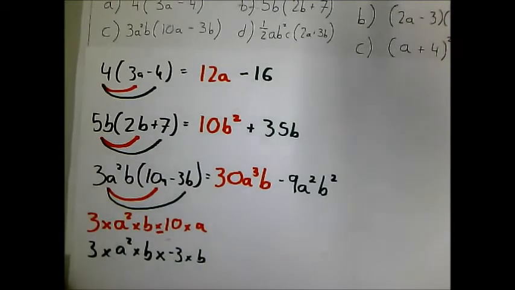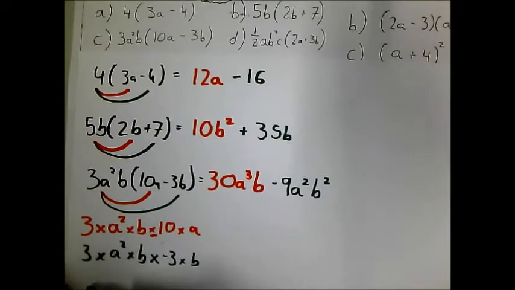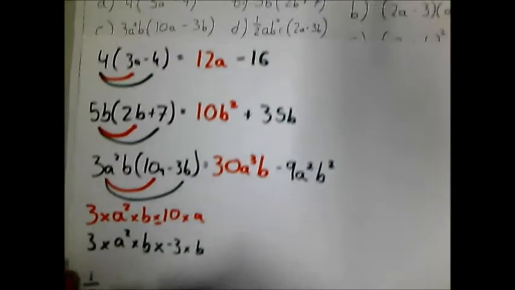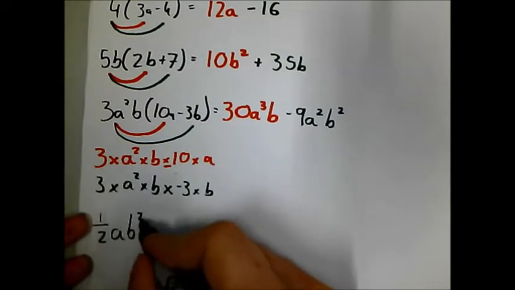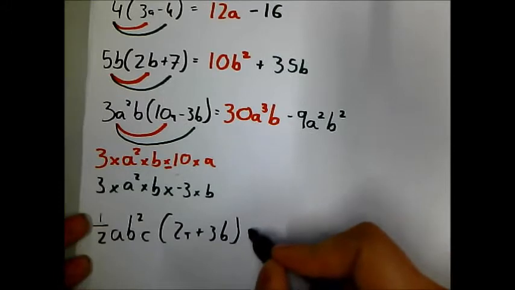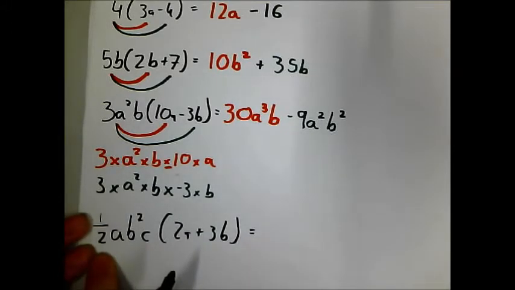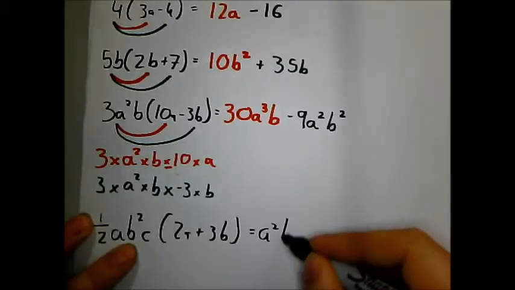Last two for the single brackets. I'm going to do this one a little bit quicker this time. So half a b squared c, lots of 2a plus 3b. Half a b squared c, lots of 2a, well half of 2 is 1. A times a is a squared, and I've still got to multiply the b squared and the c together.